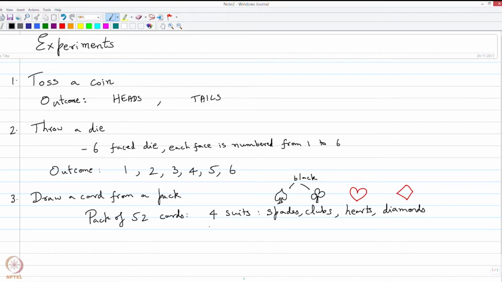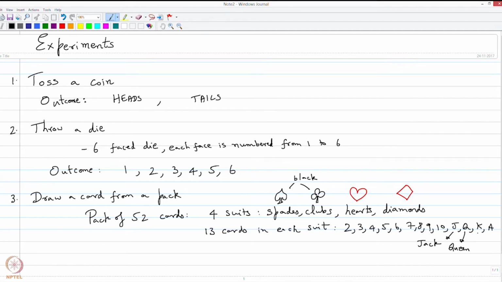There are 13 cards in each suit. What are the 13 cards? We will start with 2, 3, 4, 5, 6, 7, 8, 9, 10, and then you have the jack, the queen, the king, and the ace.